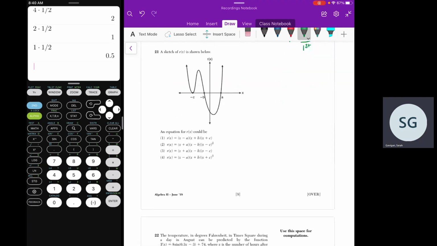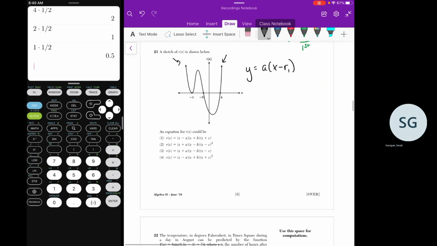All right, number 21. A sketch of r of x is shown. What is the equation for r of x? Okay, so the first thing I want to do is think about the formula. I know my arrows are going in the same direction, so I know it's going to have an even exponent.